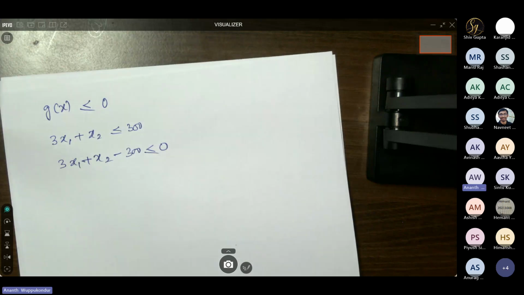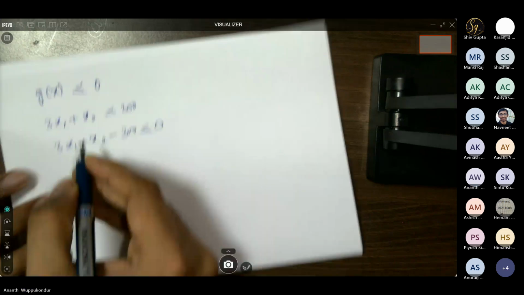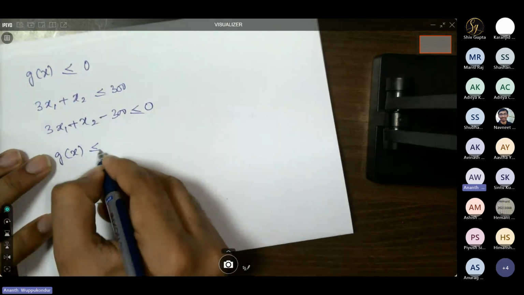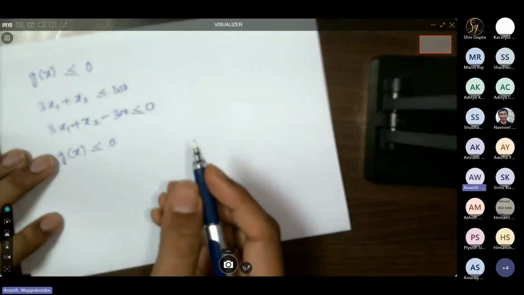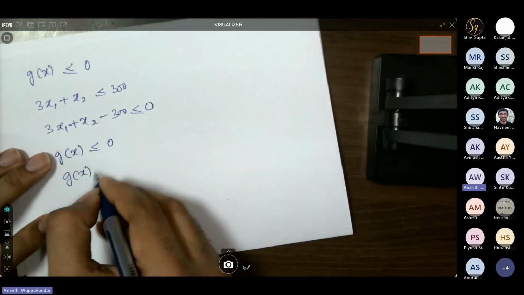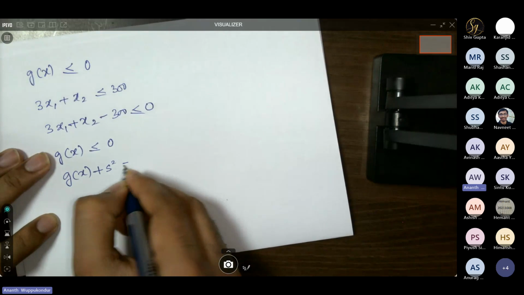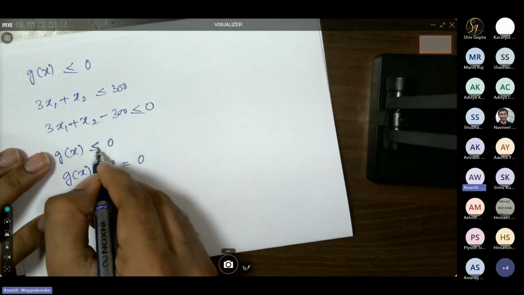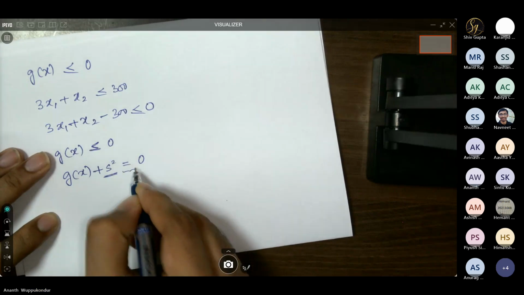So if we have an inequality where g of x is less than or equal to 0, then we would need to first convert g of x. So let's say g of x is less than or equal to 0. Then we need to convert g of x into an equality constraint. So let's say I am adding plus s squared, some constant, to convert this less than or equal to 0 into an equality.